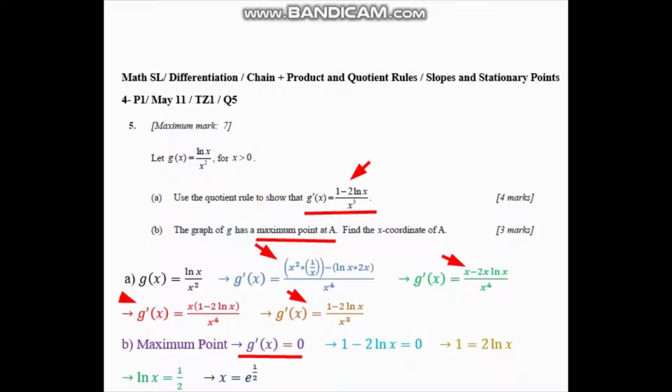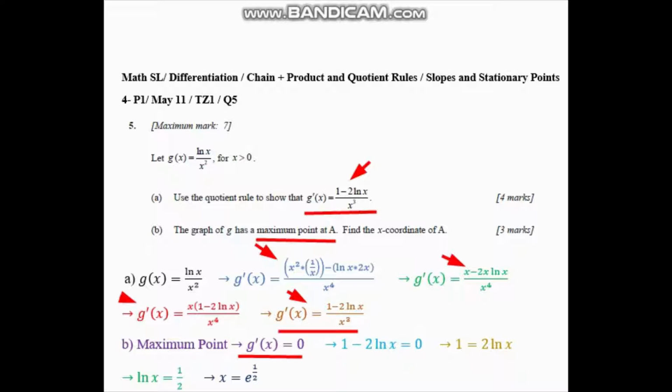And you should know that a stationary point is a point at which the inclination of the curve changes, so the slope is 0 at this point and the tangent is a horizontal line. Now the slope expression is already found in question A. I just need to equate this expression to 0.